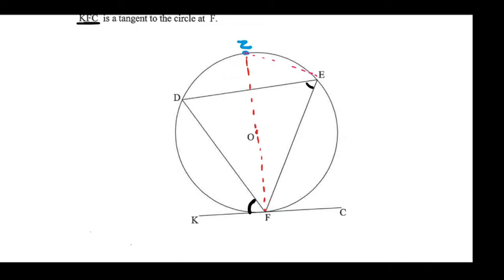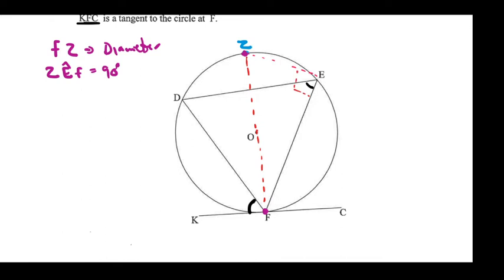So once we've done that, what we need to note is that FZ, which is from F to Z, is a diameter, right? That's one thing that you need to note, and that angle ZEF is equal to 90 degrees, right? So this angle here is 90 degrees.